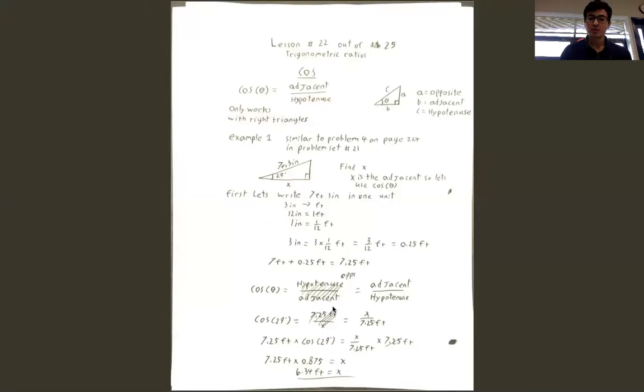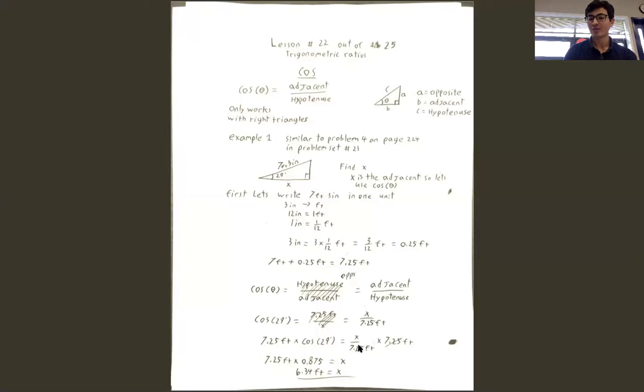If we're trying to find an angle, we want to keep a bunch of digits. But if we don't need to find the angle, we only need to keep like 3 or 4. So we're going to say cos 29 degrees is going to be 0.875. To find x, we want to get it by itself. So we're going to multiply both sides by 7.25 feet.